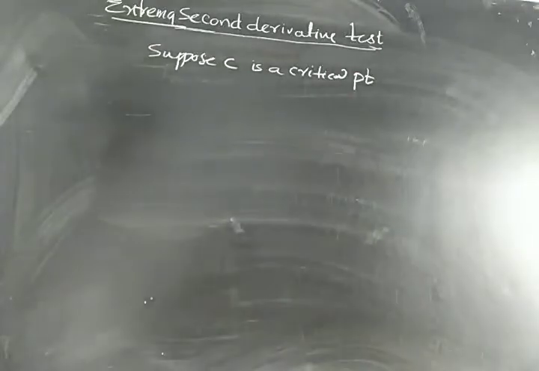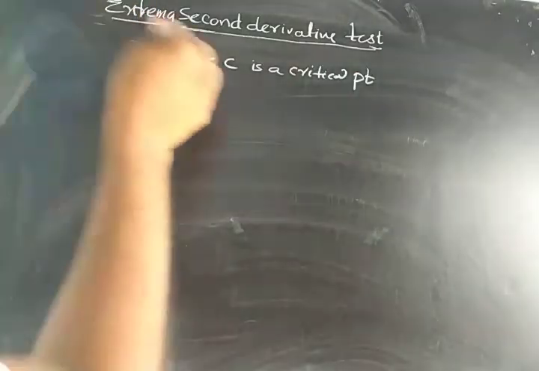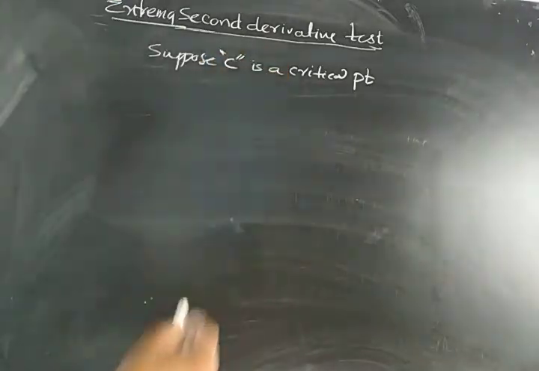Critical point means where f dash of x is 0, or f dash of c may not exist, right?